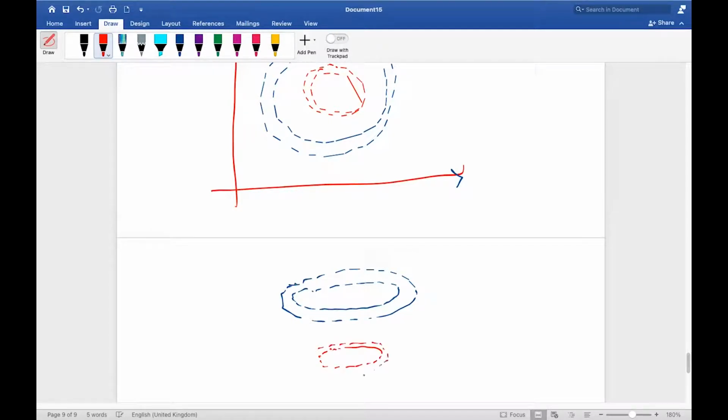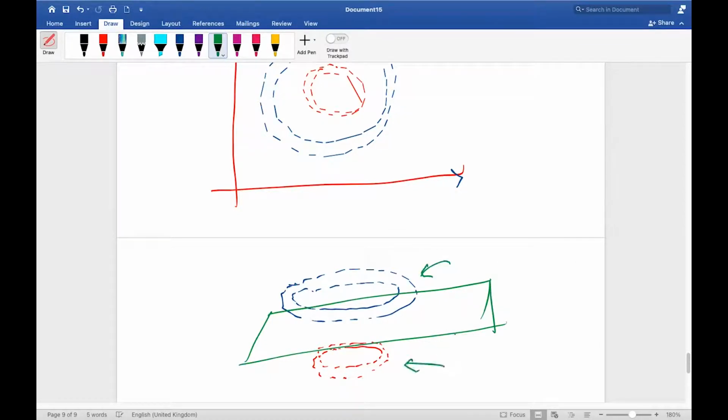And then since it is 3D, what is the separation going to be? A plane. Correct. So let me draw a plane in a different color. Let's say this is how the separation looks. This is one class, this is another class. All the points lying below this are one class, above this another class.